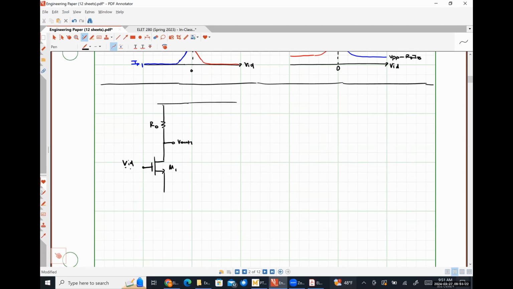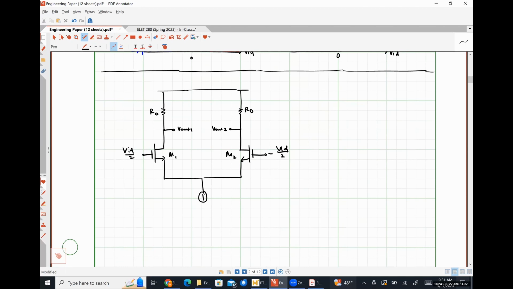Our input voltage VID over 2. Here's M2. Our input voltage negative VID over 2. And our tail current ISS.